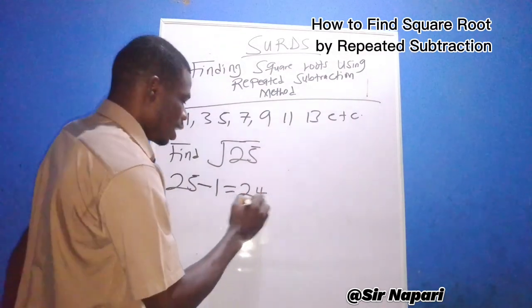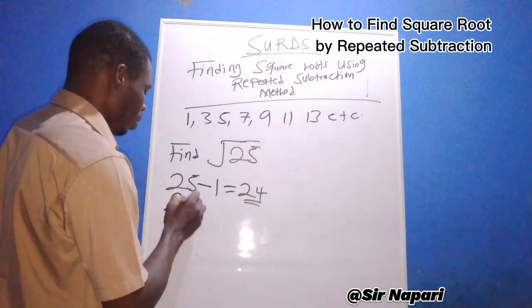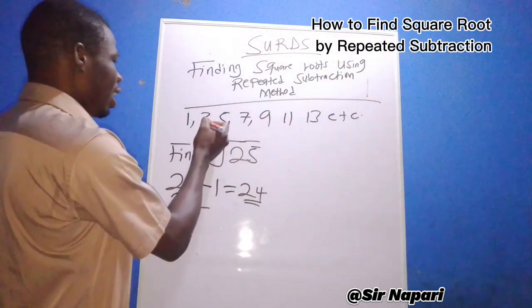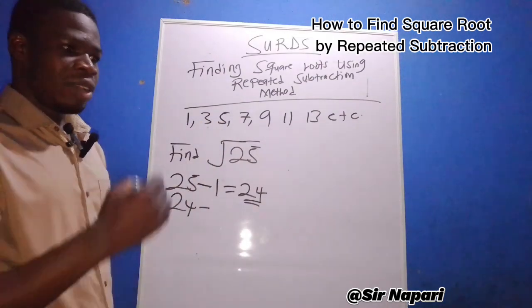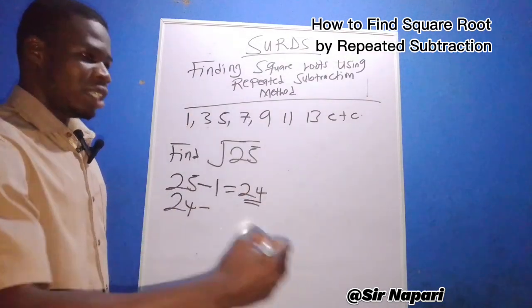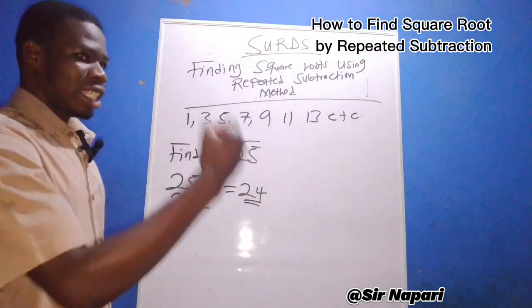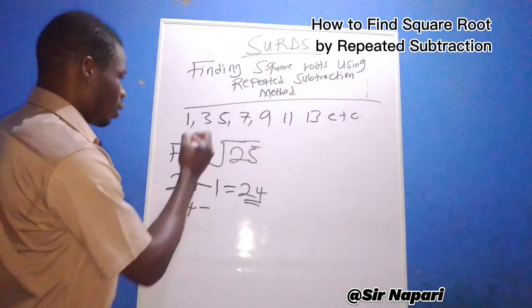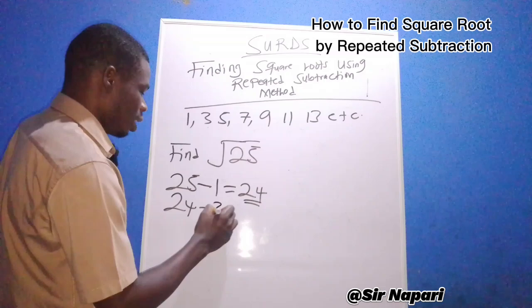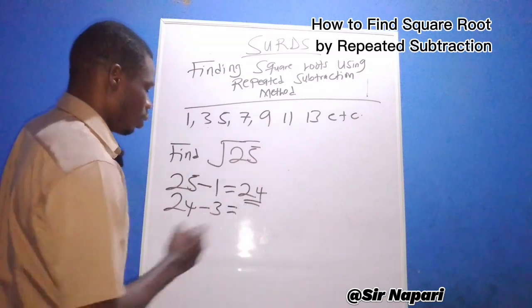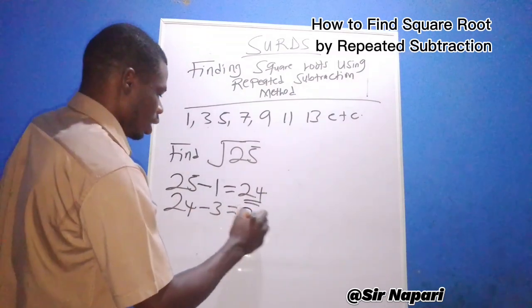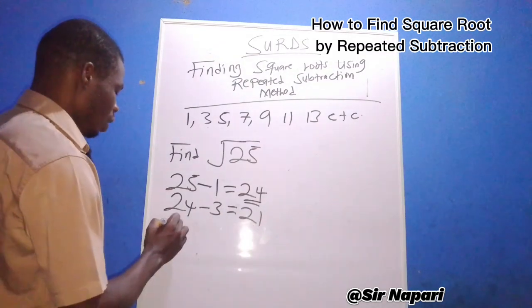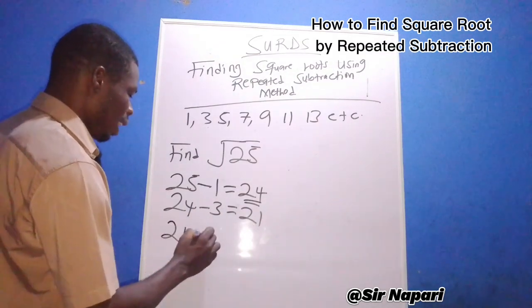Then we take the answer we've gotten, 24, minus the second odd number, doing this successively: the first, the second, the third, in that order. So 24 minus 3 equals 21.